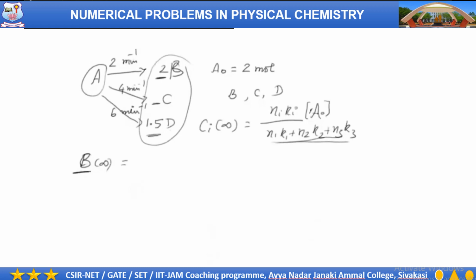What is the number of moles? The stoichiometry is 2, and Ki is 2 divided by N1 into K1, and the initial concentration is also 2. So it is 2 by N1 into K1, 2 into 2, plus N2 into K2, 4 into 1, plus N3 into K3, 6 into 1.5, equal to 8 by 70.